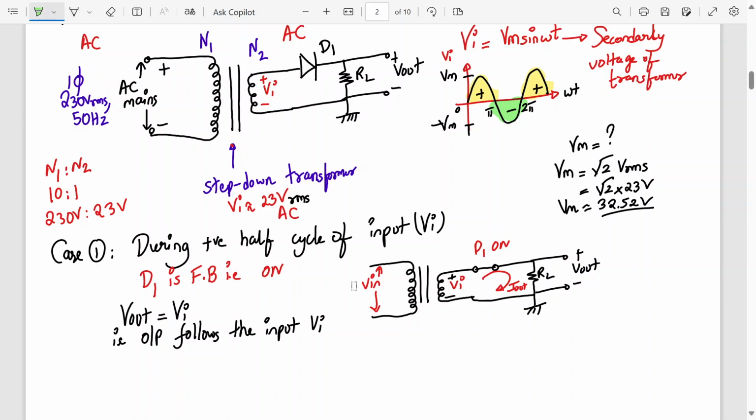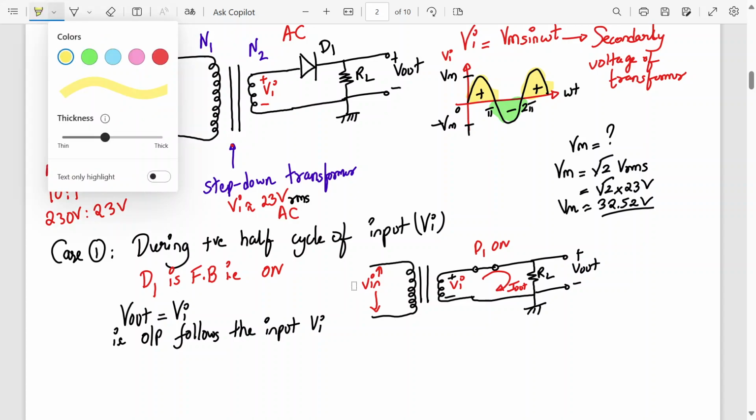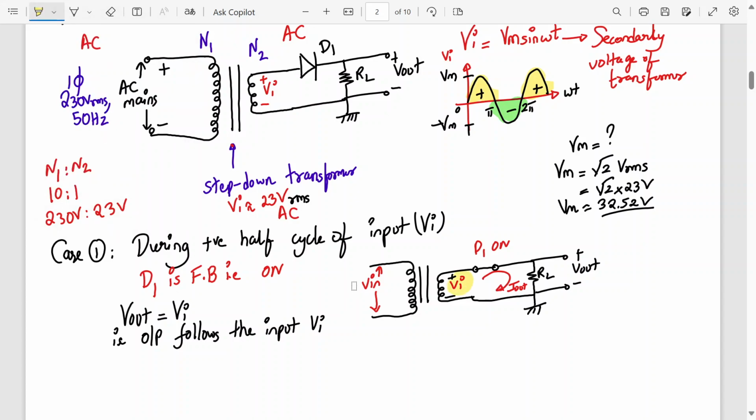See here, since this diode drop we are assuming 0, ideally it should be 0.7, but it's 32 volt we are talking about, so it's almost negligible. So Vi will be equal to V out. Agree? And the current starts flowing. Can you tell me what will be the I out formula? I out here will be V out upon RL. Agree?